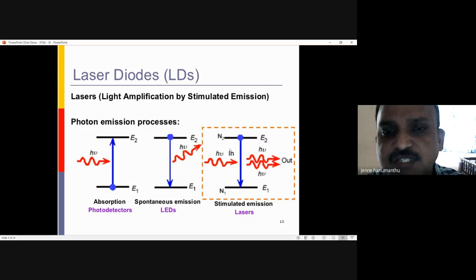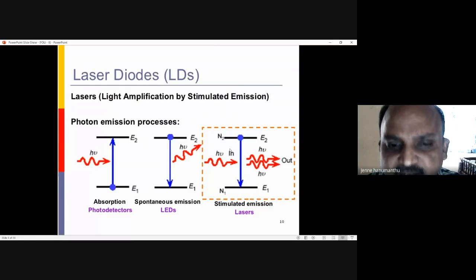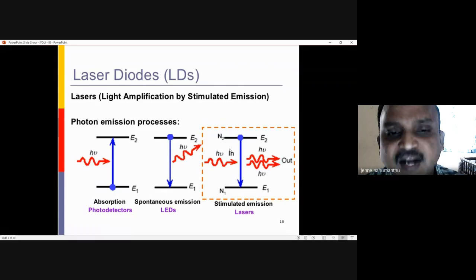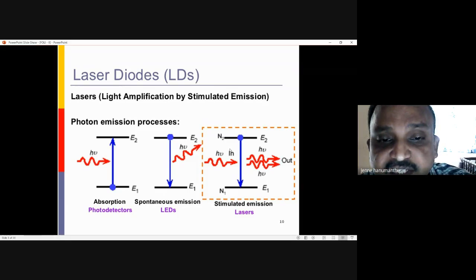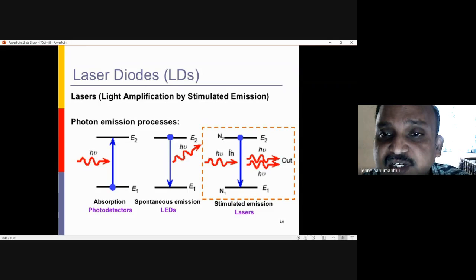But maximum atoms need external energy in order to make a transition from high energy state E2 to low energy state E1.